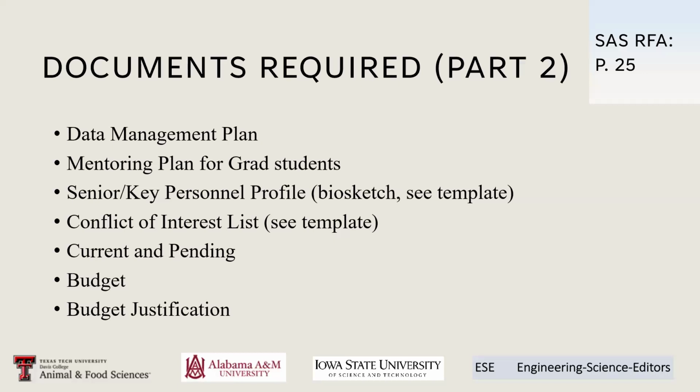In this case, you have to write a mentoring plan for grad students if they are involved in your project. You have to provide bio sketches for all your key personnel. Everybody in your key personnel list has to fill out a conflict of interest list and a current and pending list. You have to prepare a budget and you have to justify this budget. That's a lot of stuff.